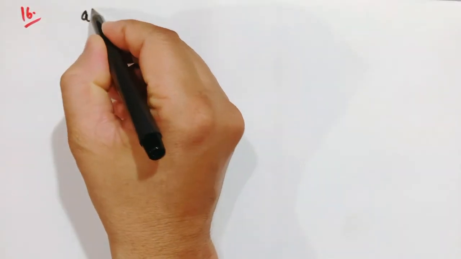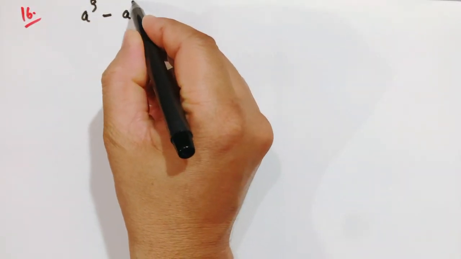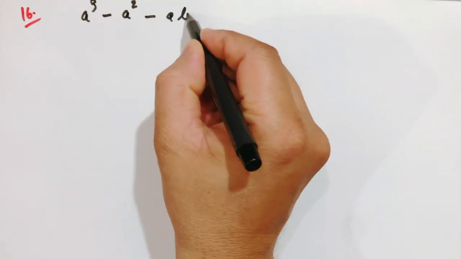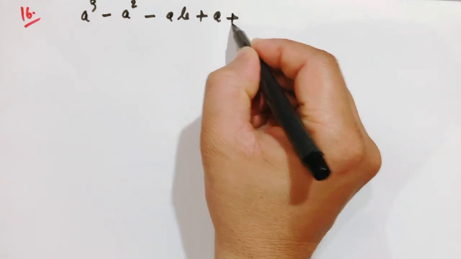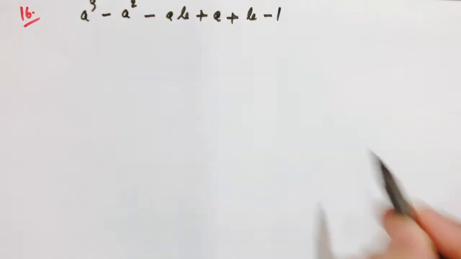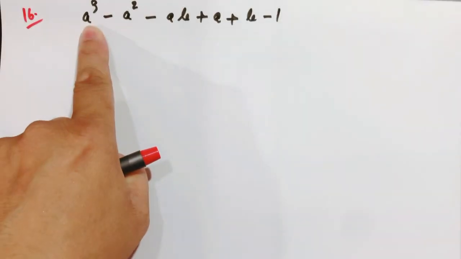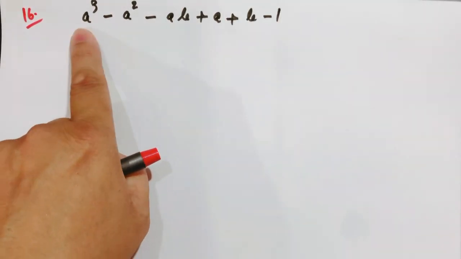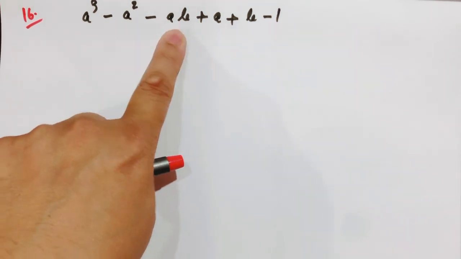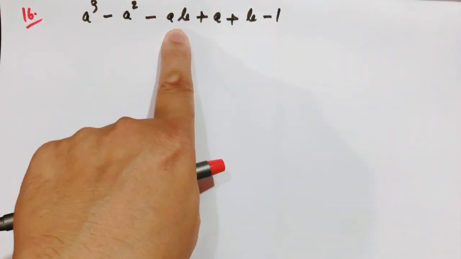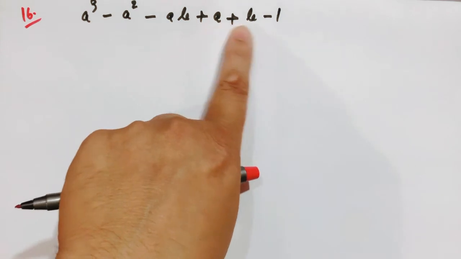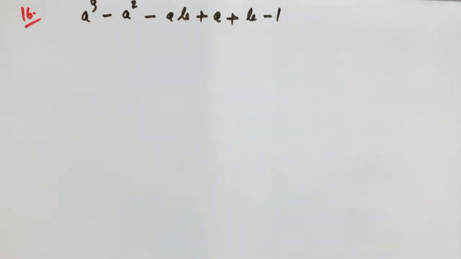In 16 we have a cube minus a square minus ab plus a plus b minus 1. The level has started increasing. So you can see a cube minus a square minus ab plus a plus b minus 1.